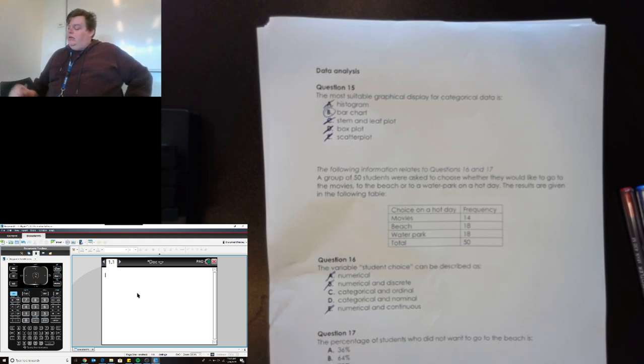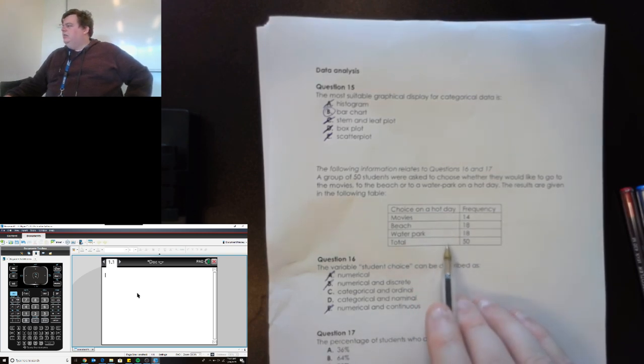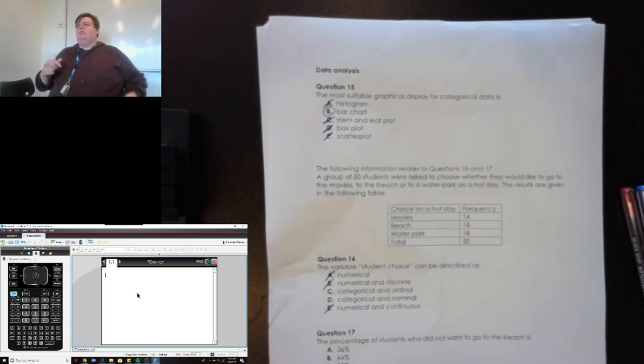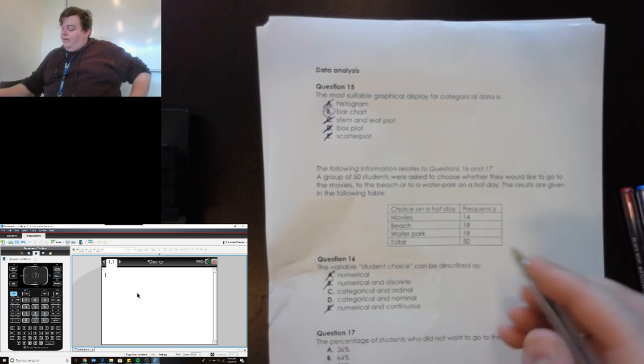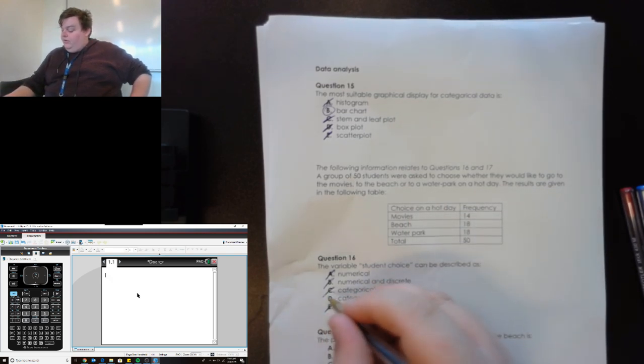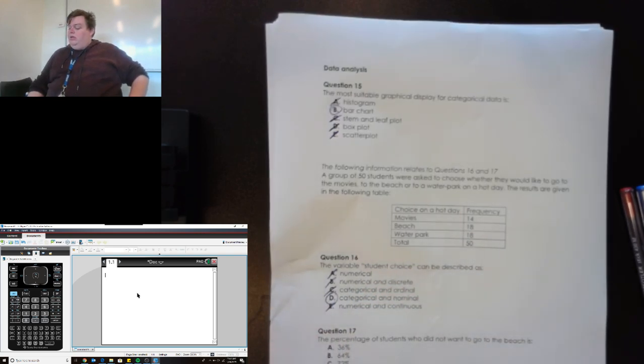And then we look at, is there some sort of order to these, or are they just random words? When I say order, I mean like low, medium, high, or good, not so good, etc. So they don't have an order because they're just places to go to, which means that it has to be categorical and nominal, which means no order.